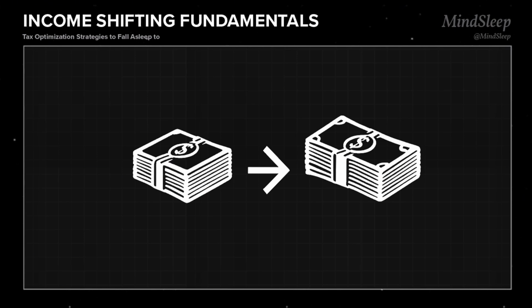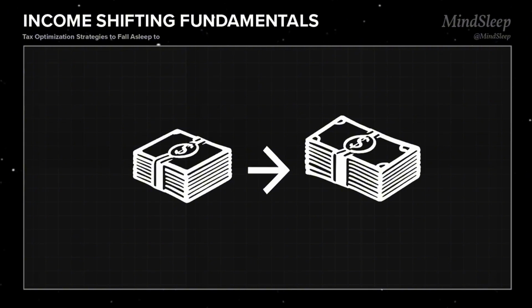This could lead to new regulations aimed at closing perceived loopholes or a shift towards simpler, more transparent tax systems. The art of income shifting, much like the constant flow of a river, continues to evolve and adapt to the changing landscape of tax policy.